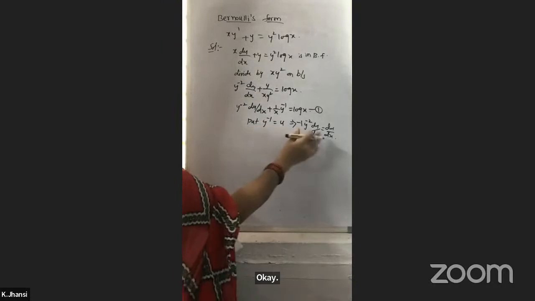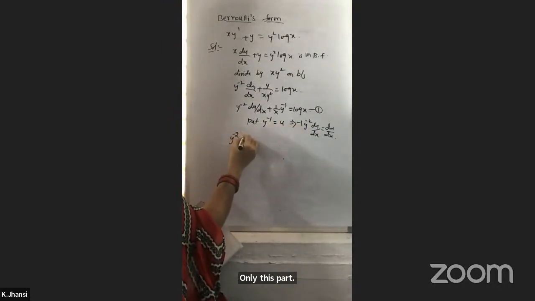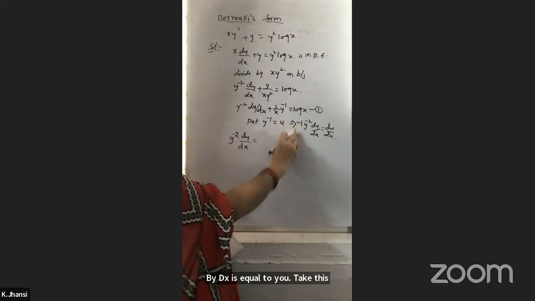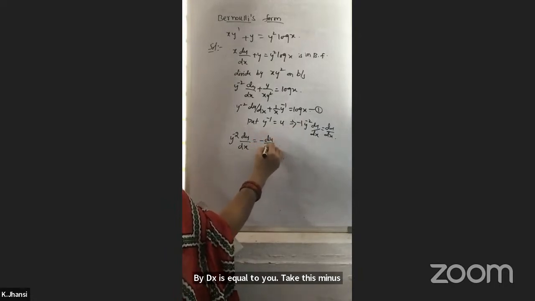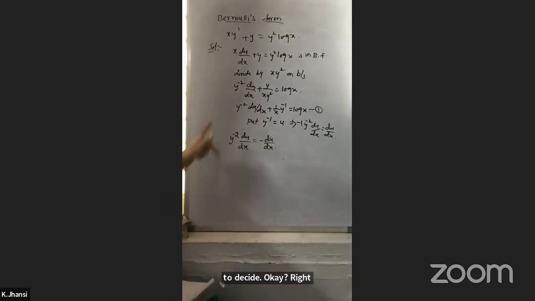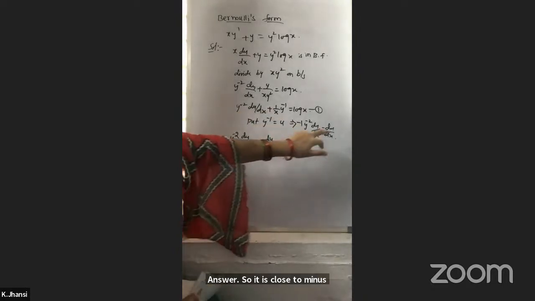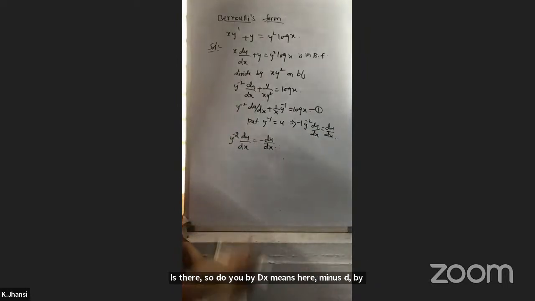Again, you can write this as y to the power of minus 2 dy by dx is equals to, you take this minus to the right hand side, so it is equals to minus du by dx. Anywhere it will be same only.